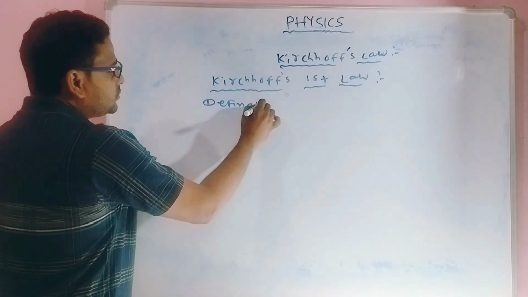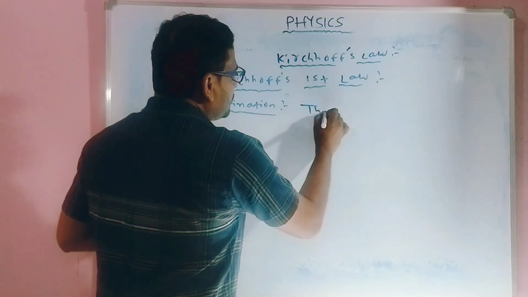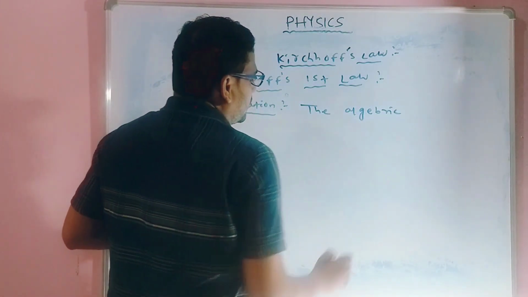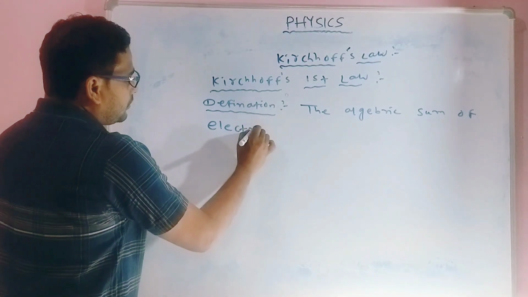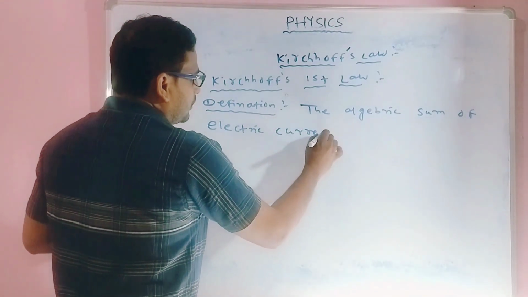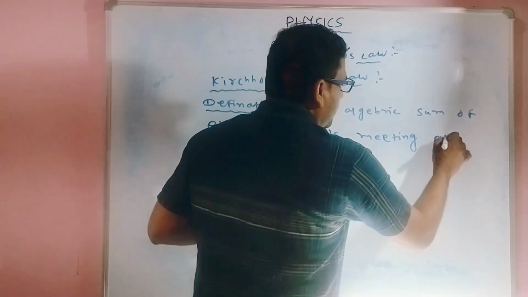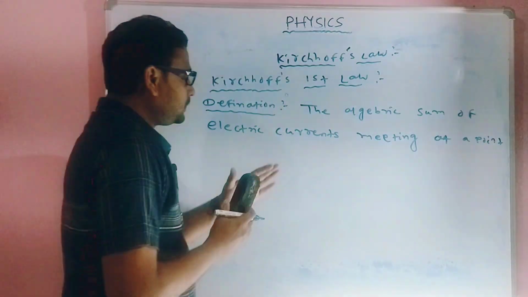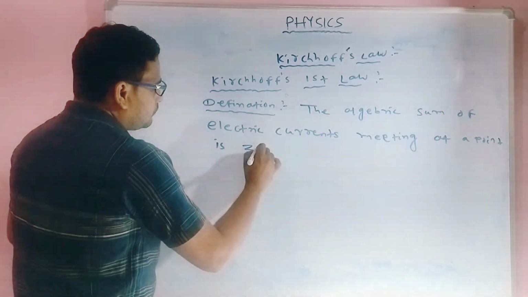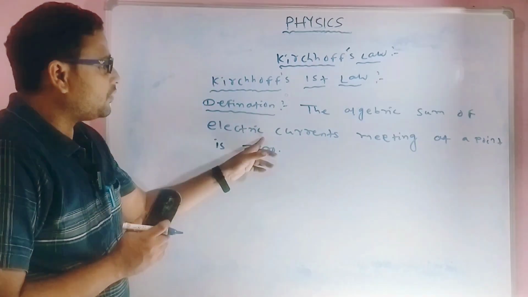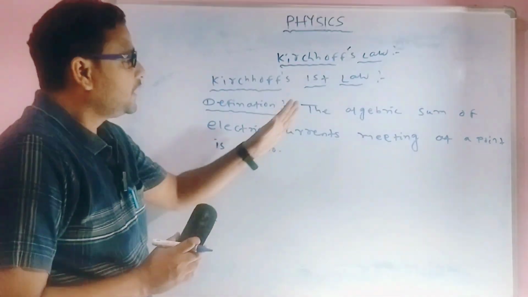The definition is: the algebraic sum of electric currents meeting at a point is always zero.